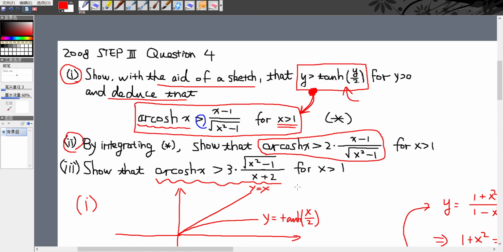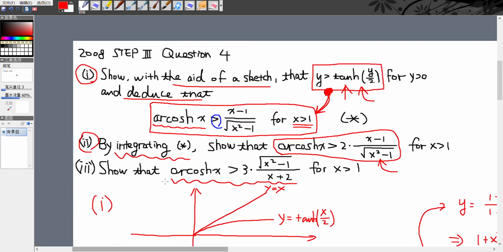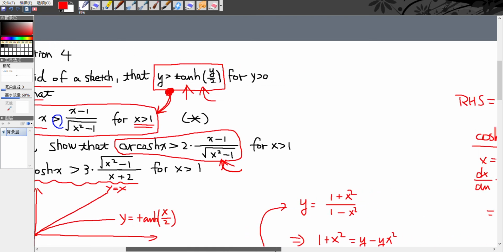But the property of a step question is that every result you want to prove may use or may involve the results you have proven previously. So apparently those two results may contribute to this, but the most significant factor contributed to proving this inequality is the method of integrating both sides. So if we integrate both sides of this inequality, we may have some surprising discoveries.